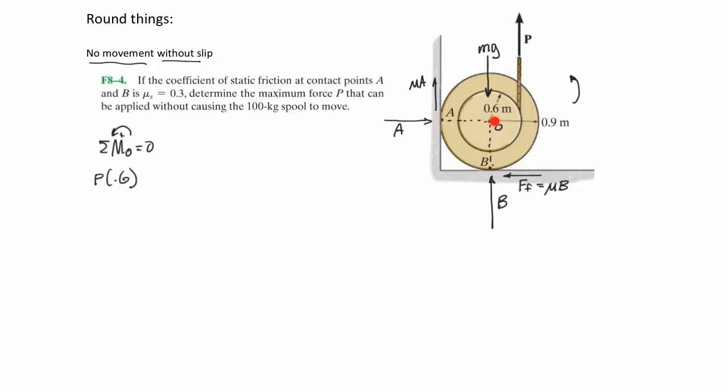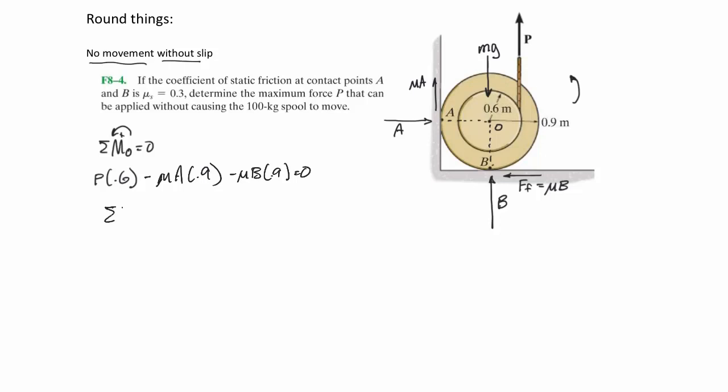Then the rest of the forces, A goes through O and B goes through O. However, the forces of friction have these lever arms, which is 0.9 for both of those, and they're both trying to go in the negative direction, so I'll say minus mu A times 0.9 minus mu B times 0.9 equals 0. All right, I have three unknowns in that equation, so I can't really go very far.